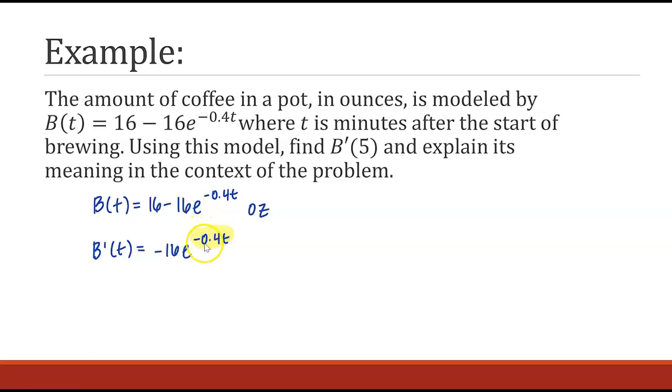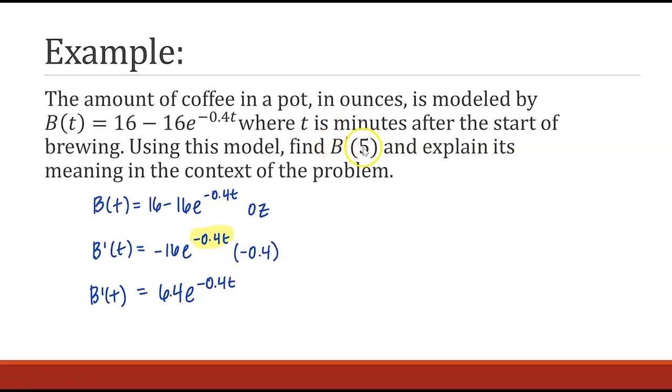And the derivative of negative 0.4t is just the coefficient in front, negative 0.4. So then this is times negative 0.4. That's the derivative of the inside. And so when we multiply the negative 16 and negative 0.4, we get a positive 6.4e^(-0.4t). That's b prime of t.